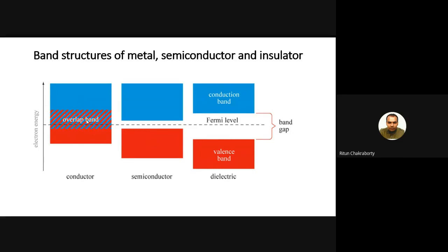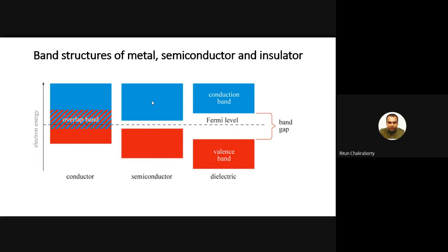In semiconductors, this is the valence band, the red one, the blue one is the conduction band, and there is a small gap. Across this gap, a charge carrier like an electron can be excited from the valence band to the conduction band, depending upon how much energy you supply.